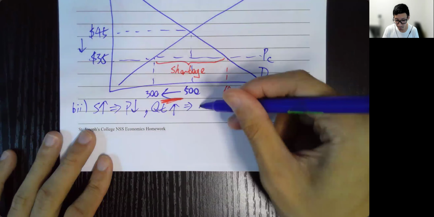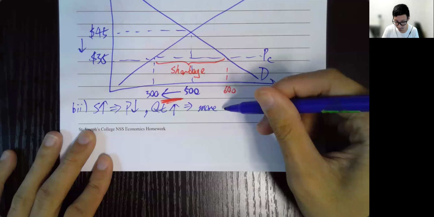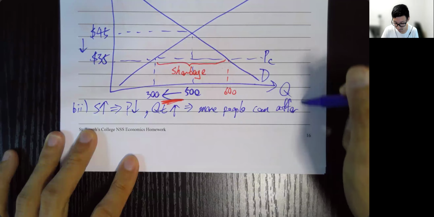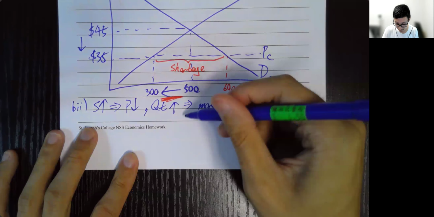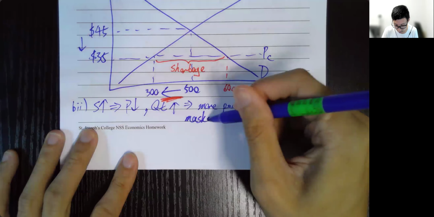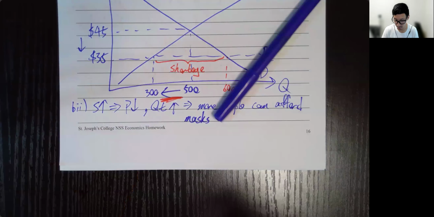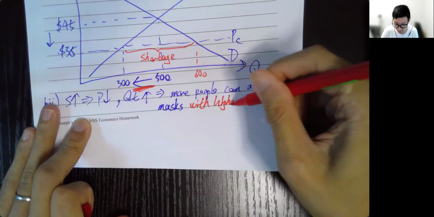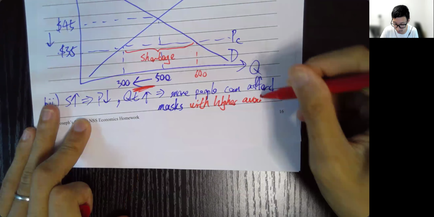Therefore, more people can afford masks. The most important is this sentence. With higher availability.